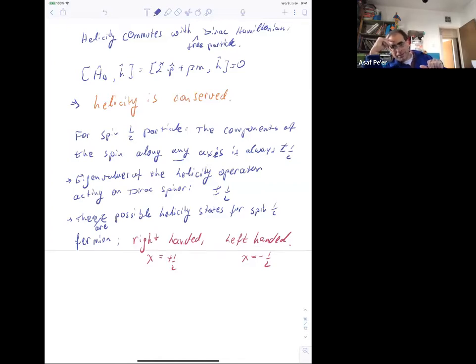Direction of motion is something that two different observers do not have to agree on. If it's a massive particle, it has less than the speed of light, and it can be moving in one direction. Then I can do a Lorentz boost in the same direction with a faster speed. And then from my boosted perspective, it will be moving in the opposite direction. Now the spin would not change because it's intrinsic, but the helicity would change. So that means that the helicity is not Lorentz invariant.